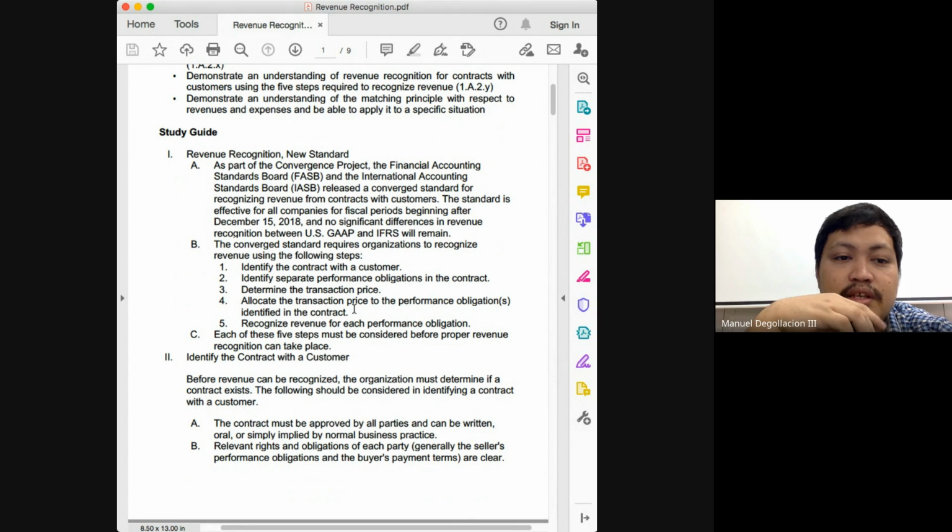Okay. So this could be asked as an essay question. You will be asked what are the steps in recognizing revenue. And in each of these steps, class, there will be sub-discussion, which would also be important concepts in answering multiple choice questions. I do not expect you to be asked what are the 5 steps and explain each step.